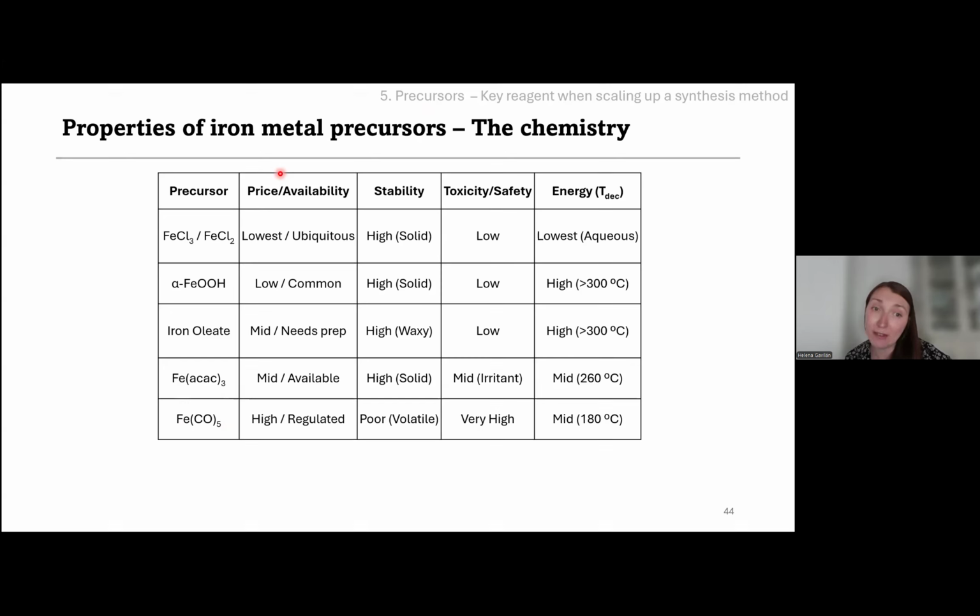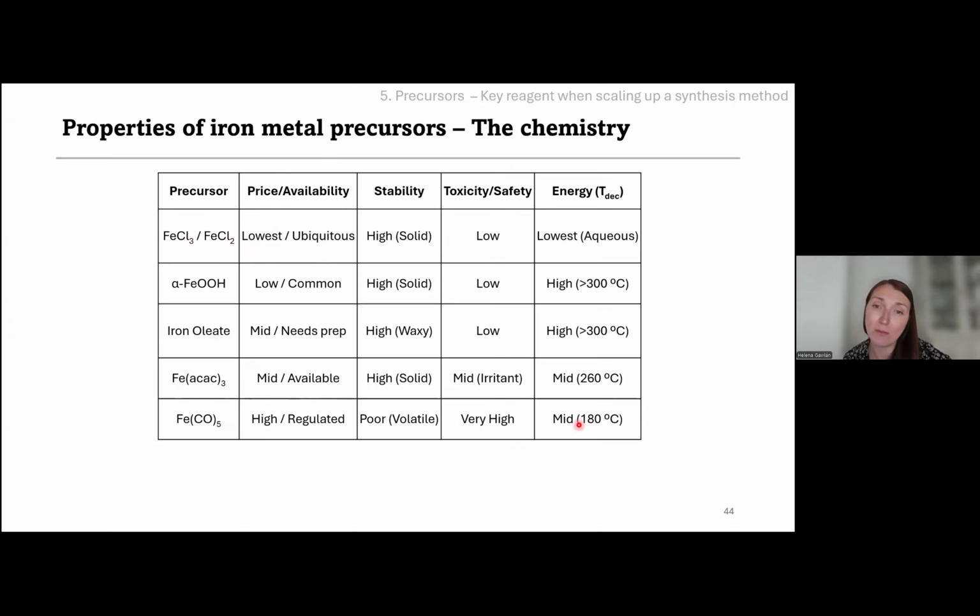We have to mind the price and the availability of these precursors, okay? Because iron chlorides are super cheap and highly available, but iron pentacarbonyl is not. The price is high, and there are some regulations because it's volatile and has toxicity.